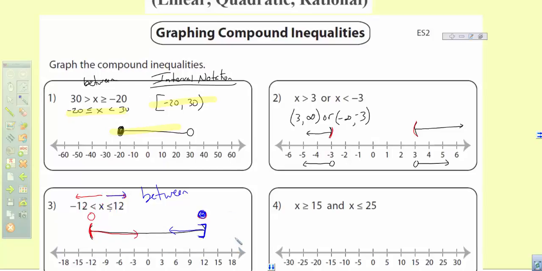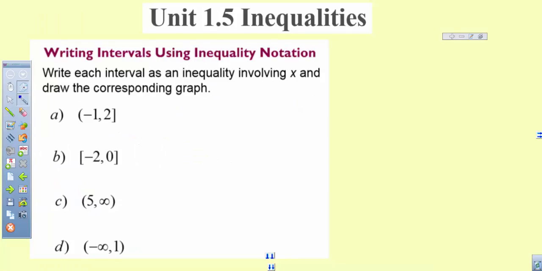Alright, so there's a couple of those, and you got some more of those to practice inside of my math lab. Let me make sure we're good. One more thing in this video I want to talk about, and that was, what if someone gives us interval notation.